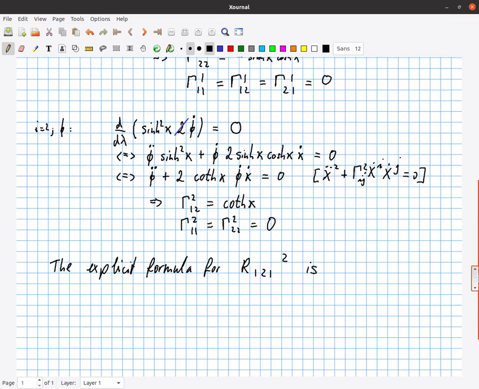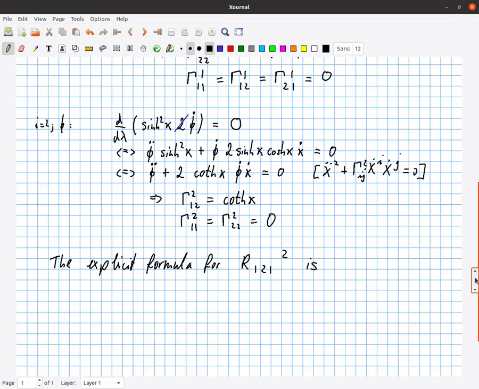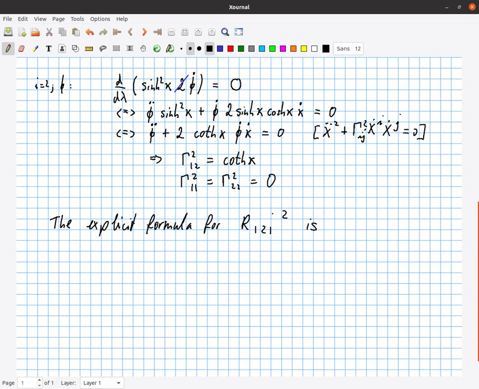I'm having here an upper index because in the previous lectures our explicit definition of the Riemann curvature tensor always had an upper index at the end. So if you look into your previous lectures, where this was something like A, B, C, D, all we have to do is substitute in the corresponding values.